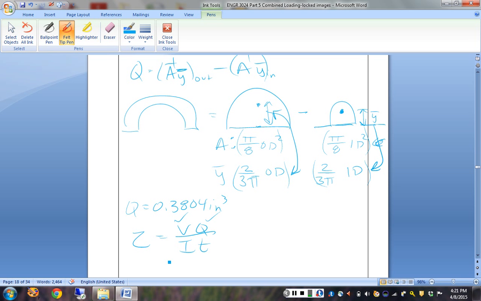It is, in conjunction with the thickness, an indicator of the resistance to shear. Like mass is a resistance to motion, moment of inertia I is resistance to bending, moment of inertia J is resistance to twisting. That Q factor is an indicator of resistance to sideways shift.